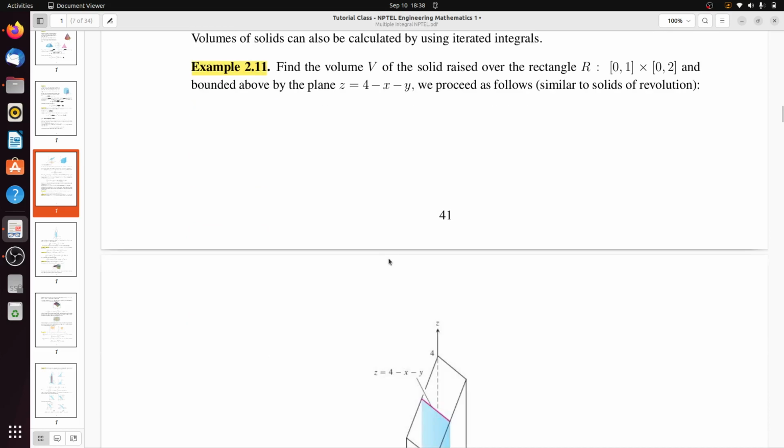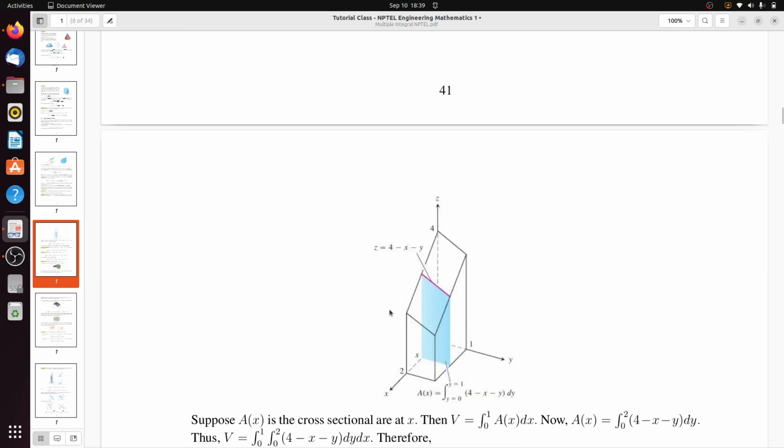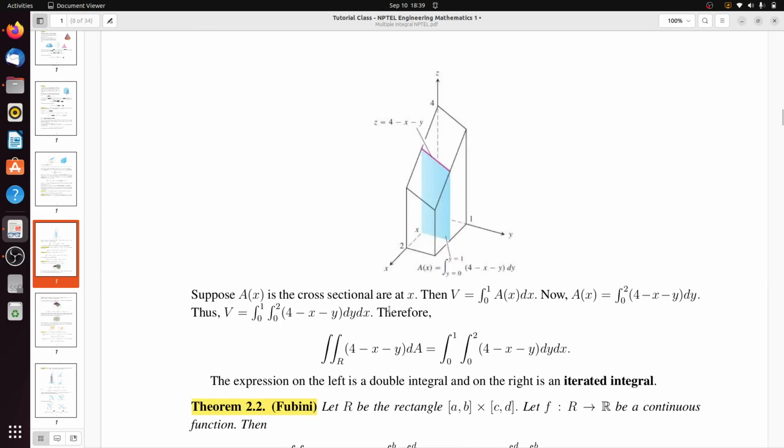See one question: find the volume V of the solid raised over the rectangle and bounded above by the plane, we proceed as follows. So we are to find the volume V of the solid raised over this. How to determine? You have to just use integration. How are you using integration?